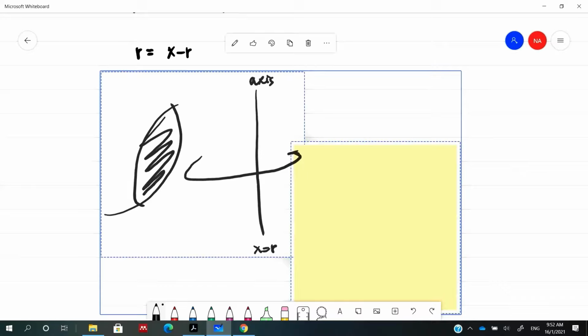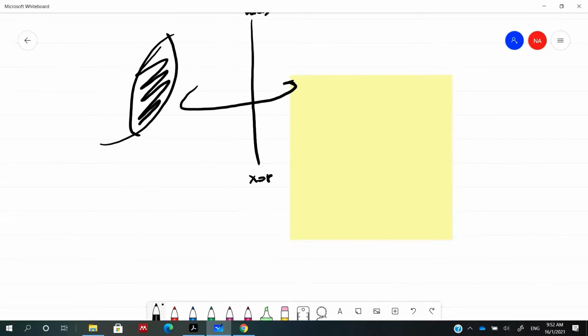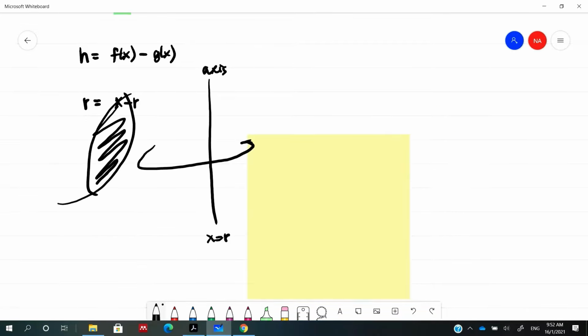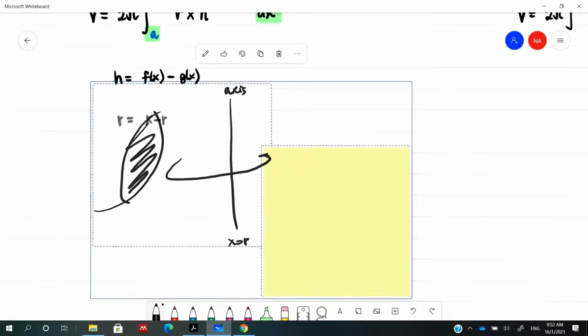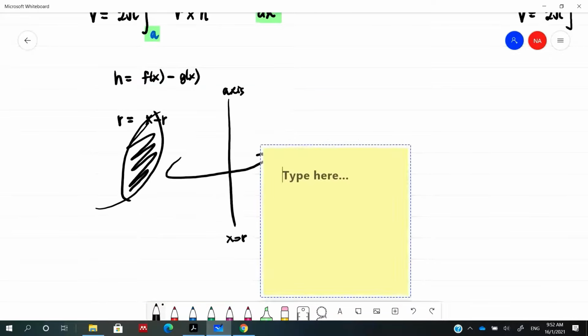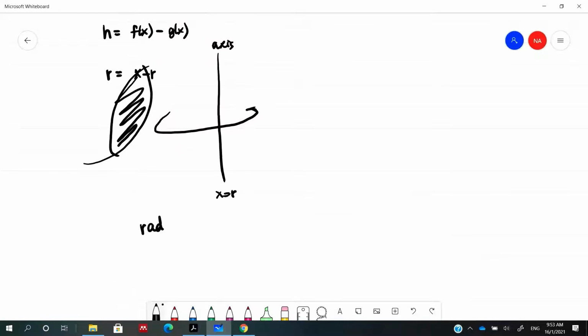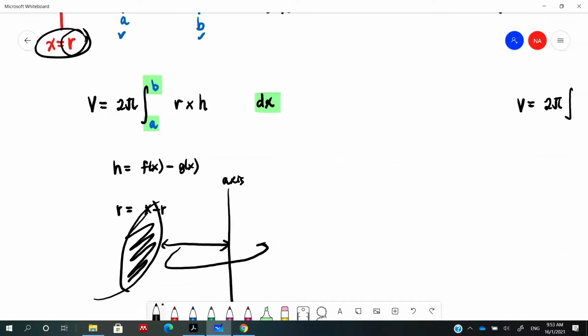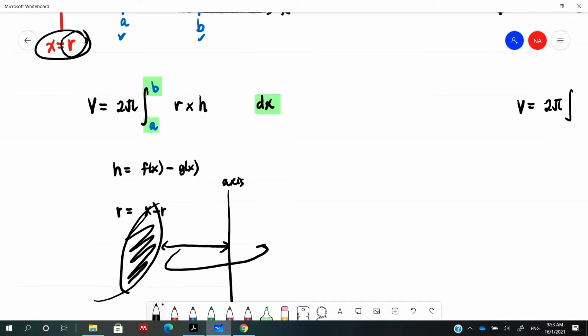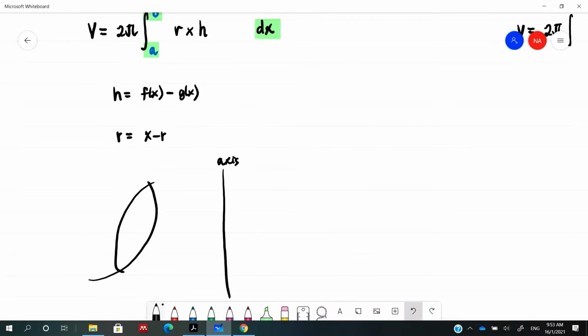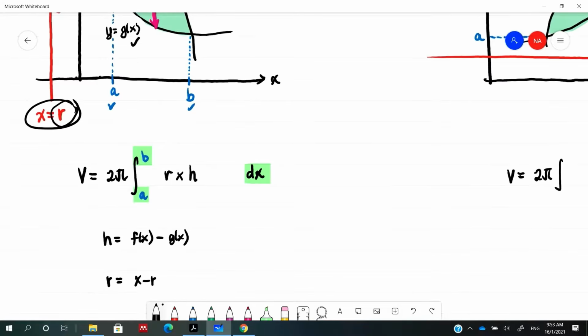Note that in this case the radius should be given by the axis r minus x, so r minus x. For the previous case it is x minus r. So if the region is at the left side of the axis, it should be r minus x. That is for the first one.